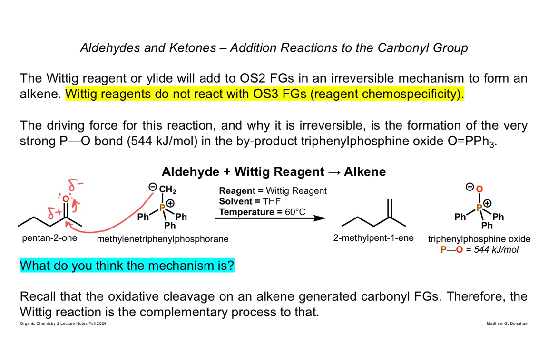And then what you end up with is an alkene. And I'll highlight in blue here that CH2 group. That ends up right here in that alkene. So the rest of the molecule in green stays the same.